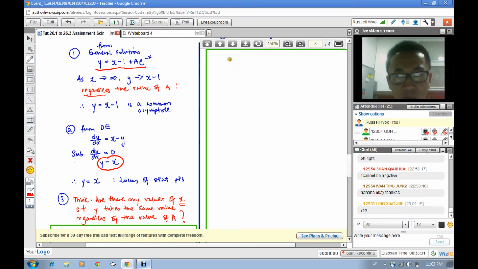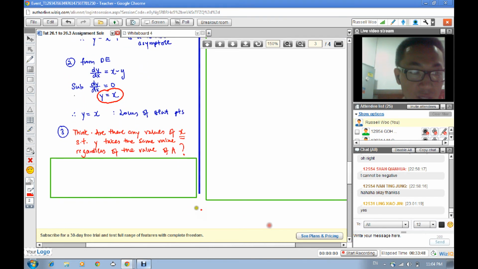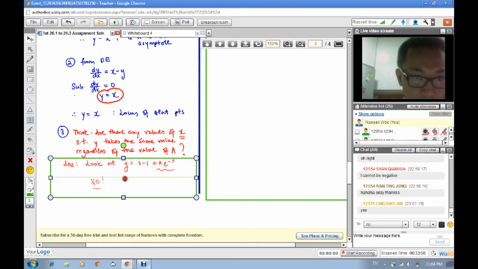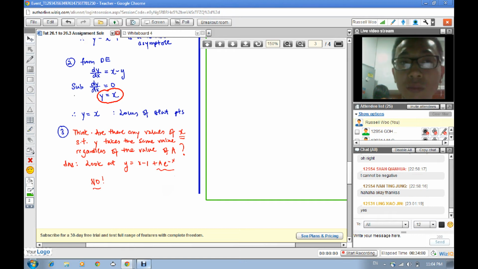Are there any special values of x such that you sub in and you get the same y coordinate regardless of the value of a? In this question, we look at this. No matter what x you substitute in, the y is different for different values of a. So the answer for this question is no.